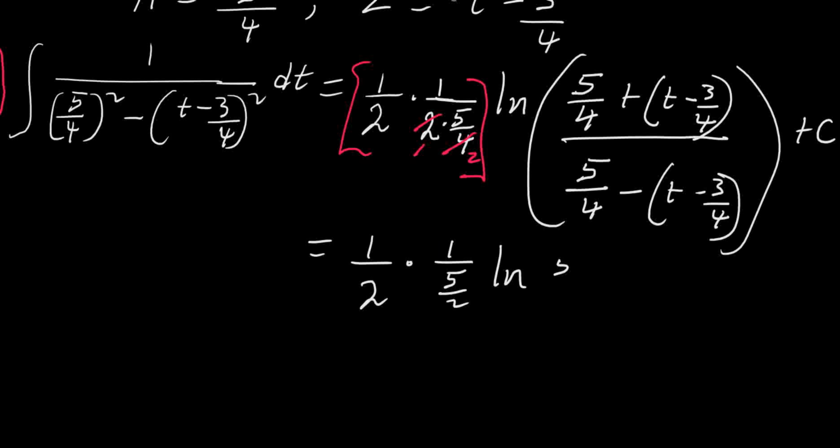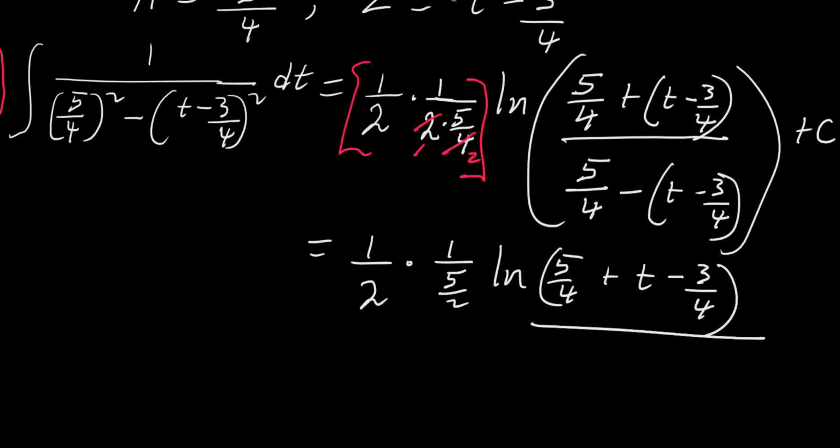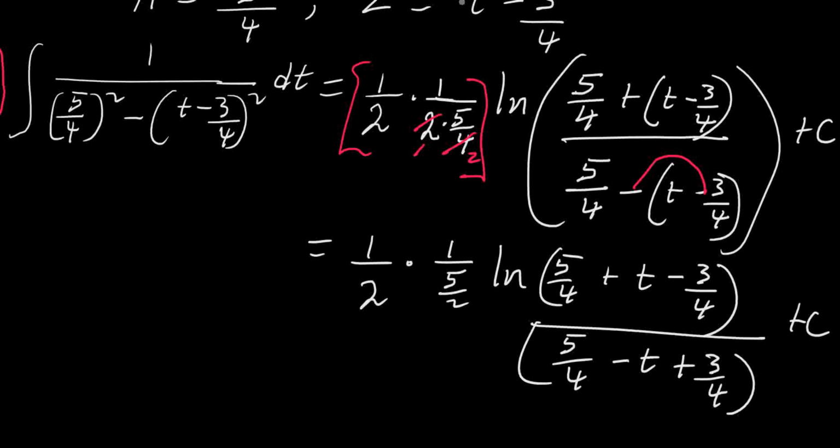So this will become 5 over 4 plus t minus 3 over 4 over 5 over 4 minus t. Then if you clear the parentheses, this negative sign will multiply this, and automatically that will become positive, plus 3 over 4. Let's just put this in parentheses, plus c.